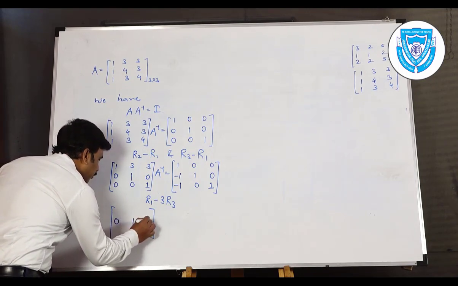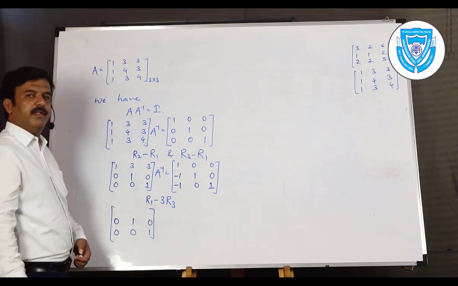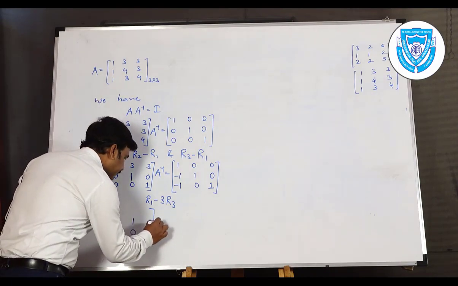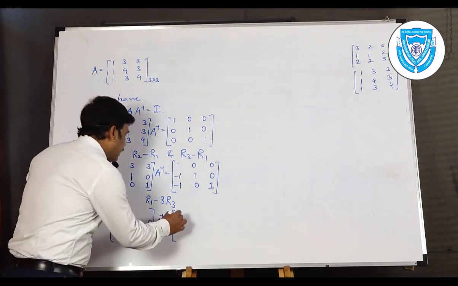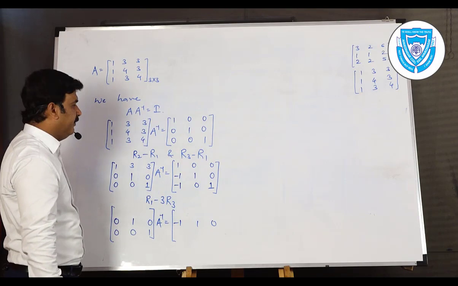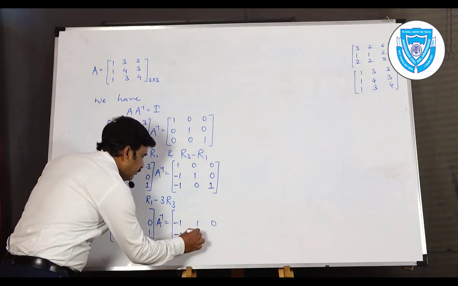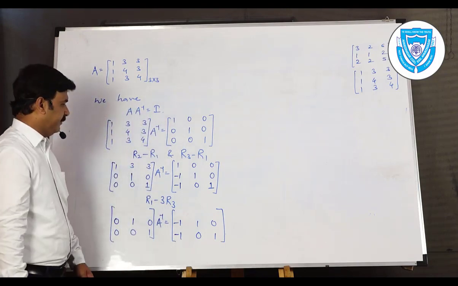That is 0, 1, 0 and 0, 0, 1 into A inverse, which is equal to, again, minus 1, 1, 0. Second row will remain as it is. Minus 1, 0, 1. Even the third row will remain as it is.